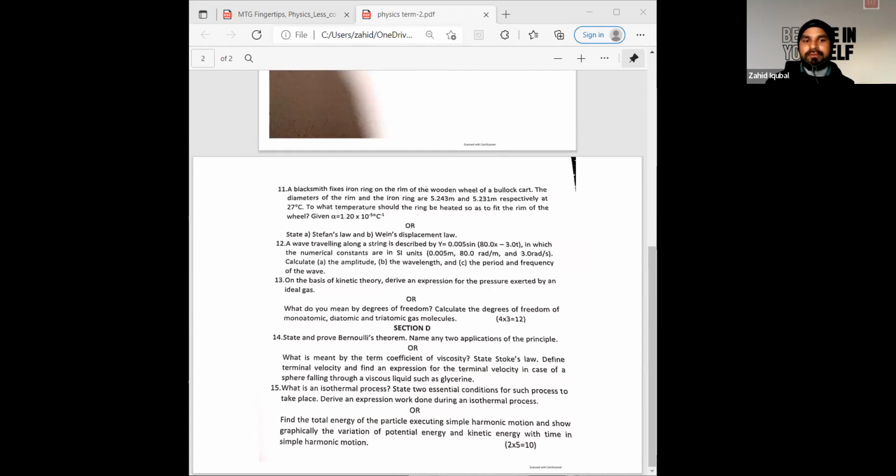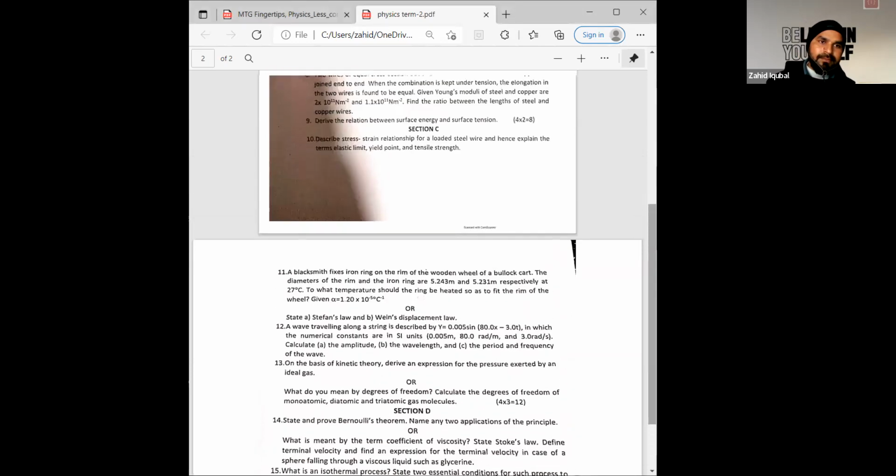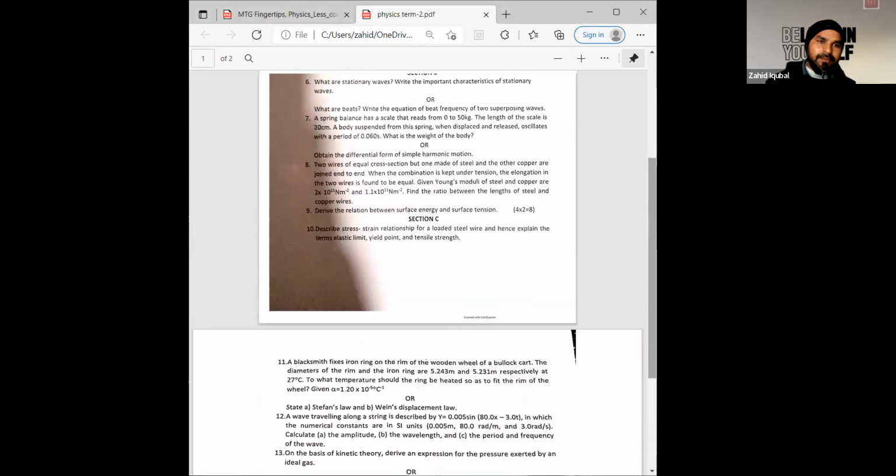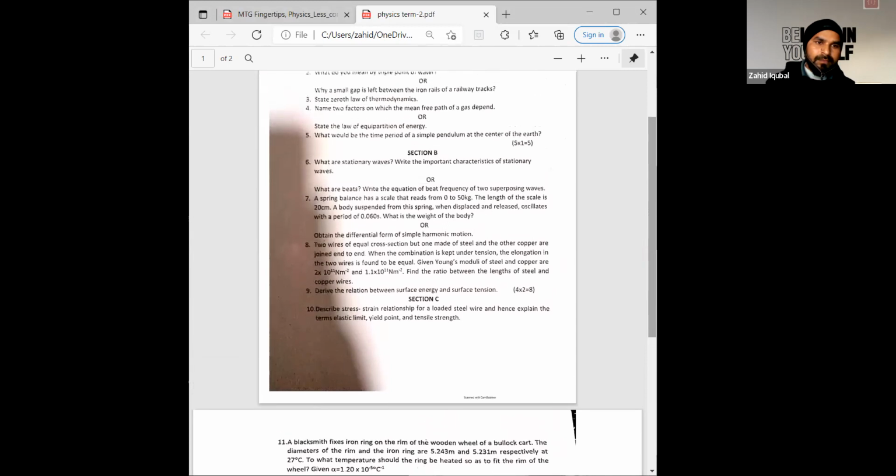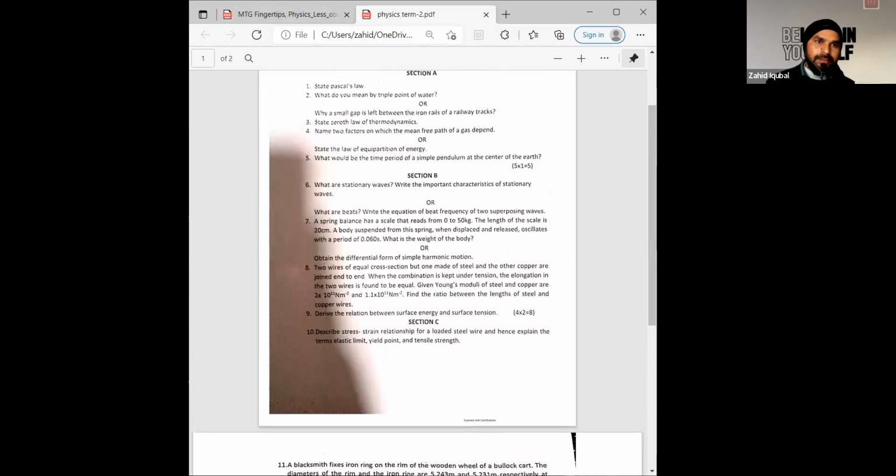Define terminal velocity and find the expression for terminal velocity in case of a sphere falling through a viscous liquid such as glycerine. And the first question is, state Pascal's law.